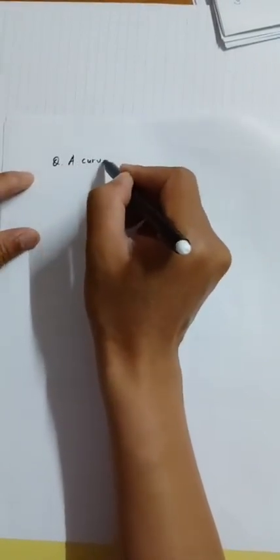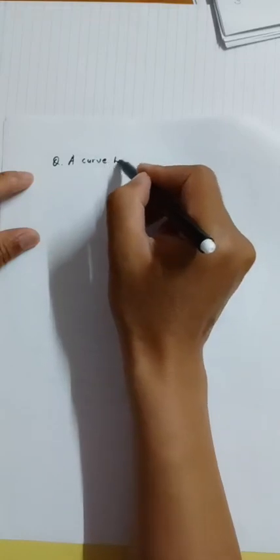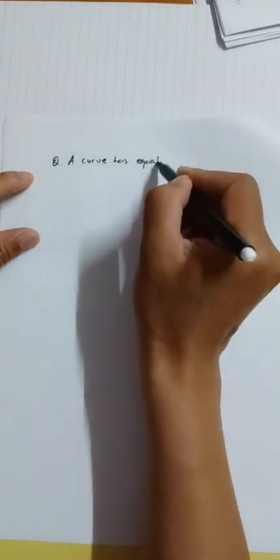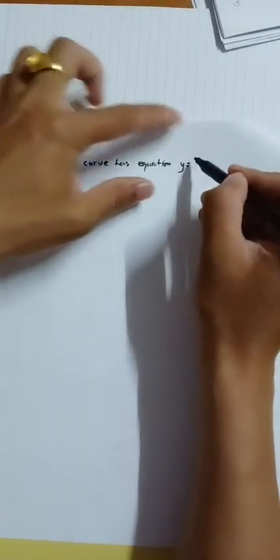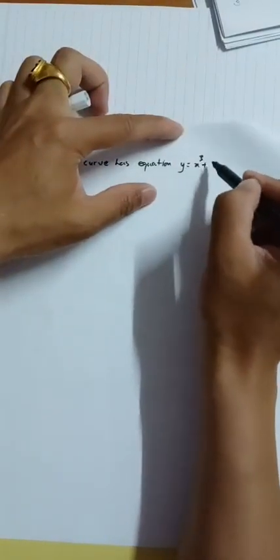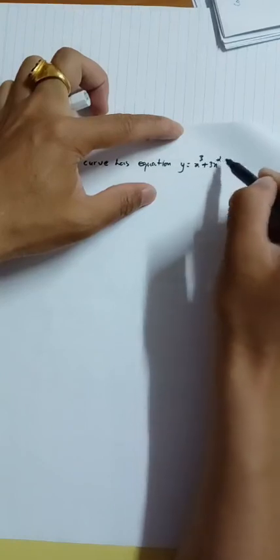A curve has equation y equal to x cube plus 3x square minus 9x plus 2.